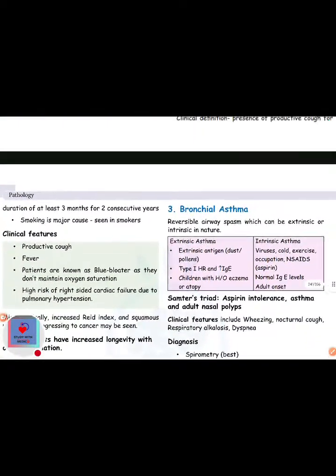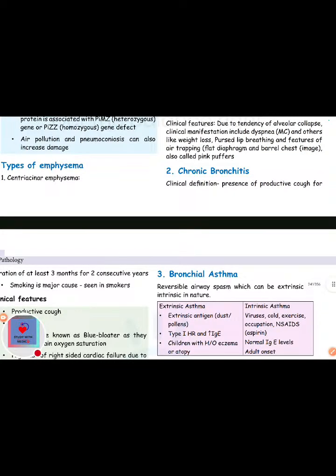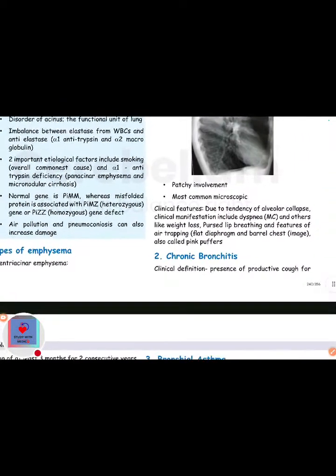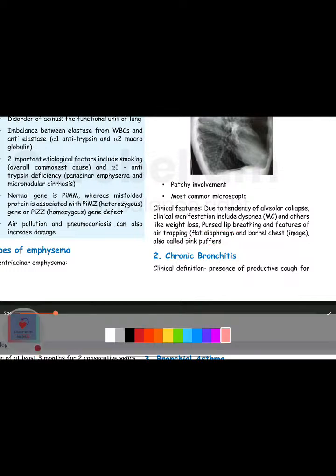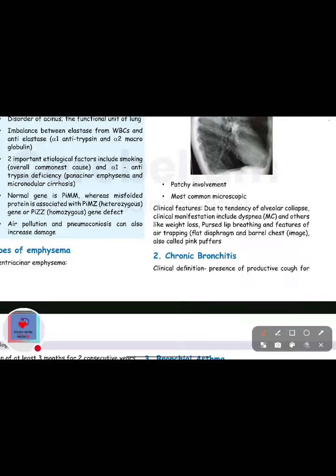Talking about clinical manifestation, these emphysema patients are called pink puffers. Why are they called pink puffers? Because these patients, due to the tendency of alveolar collapse, have dyspnea, the most common feature, with difficulty in breathing.